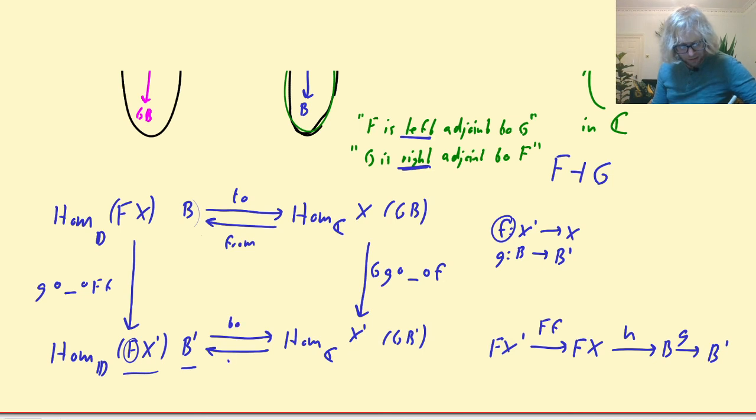The to, this was the from. So I can ask for this diagram to commute, and that means that these to and from bijections are suitably natural. And you could also make this precise by actually making this hom into a functor. And then this is just an ordinary natural transformation between two things.